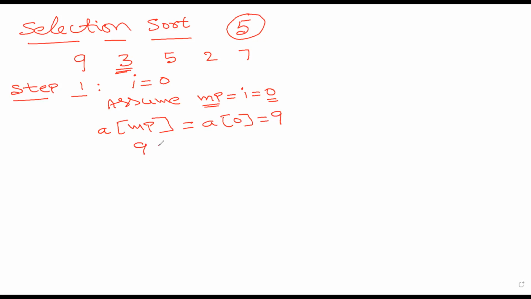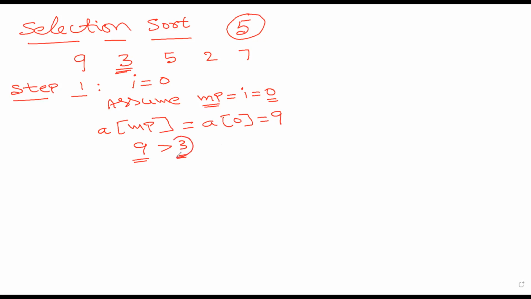We compare 9 with the next element, 3. 9 is greater than 3. What is the meaning of that? Here our assumption is wrong. The minimum value is not present at the 0th position.